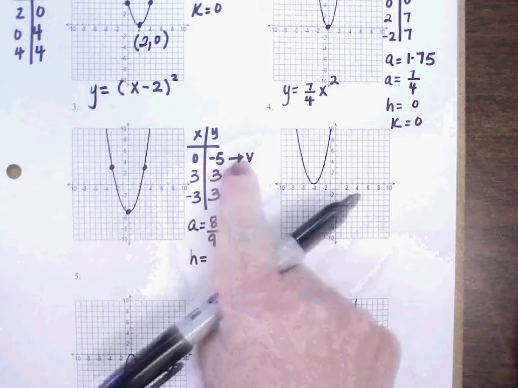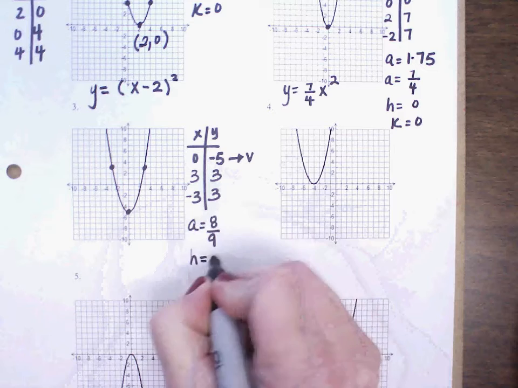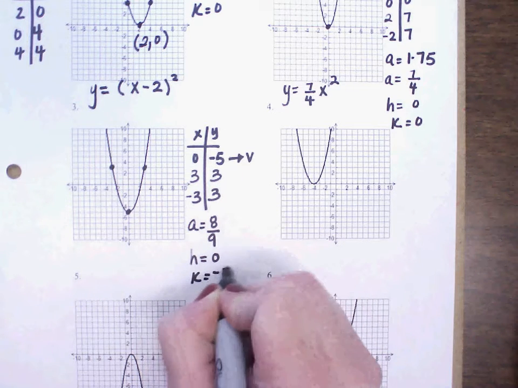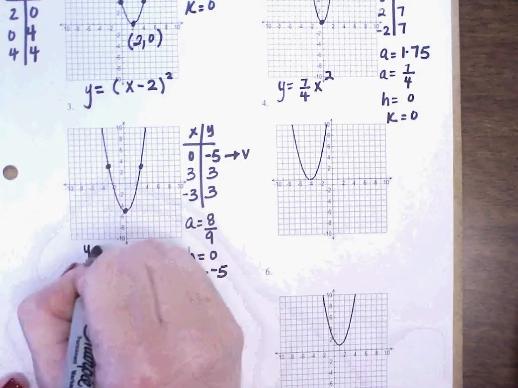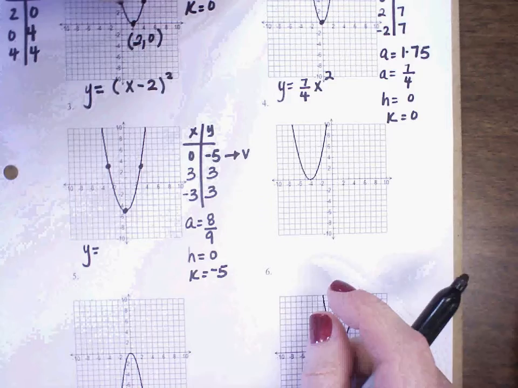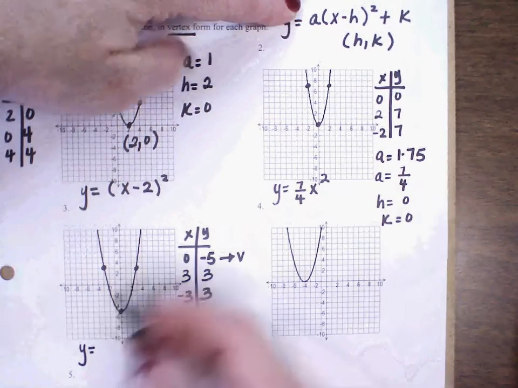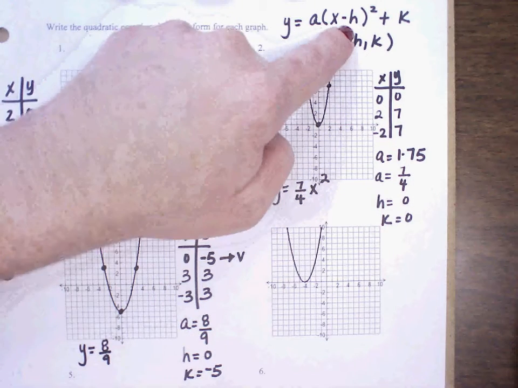What's my H? This is your vertex, right? 0 and negative 5. So what's my H? 0. And what's my K? Negative 5. All right, so what's my function? Y equals 8 ninths.